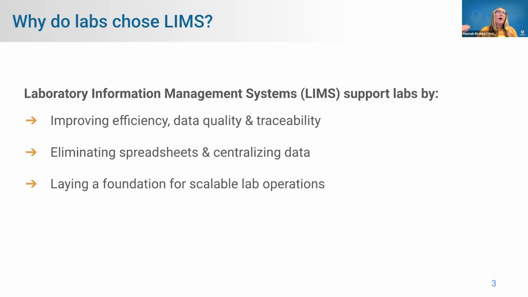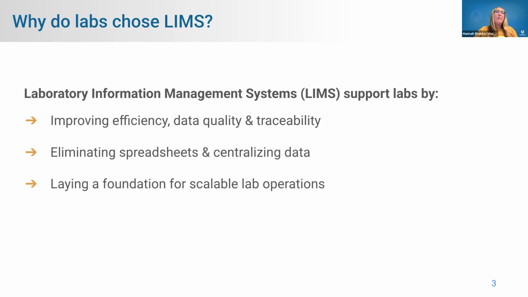So in general, why are labs choosing LIMS? How did they get to this point where they're implementing a LIMS system? LIMS stands for Laboratory Information Management System, as I'm sure most of you know. There are three main reasons why people would choose a LIMS system over other systems or no system: improving efficiency, making sure that data quality is upheld, and the traceability of data and samples.